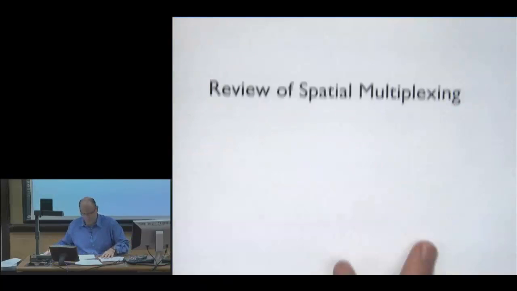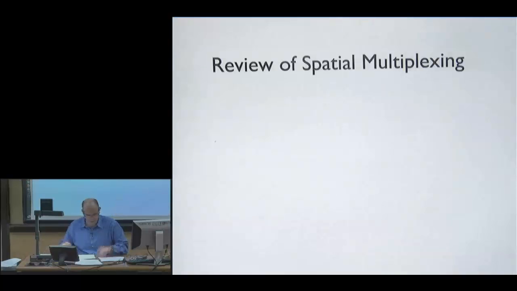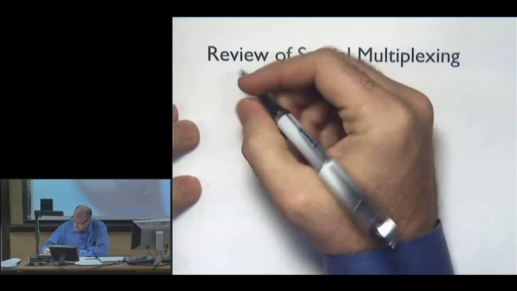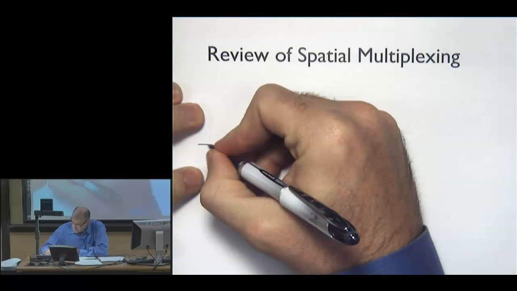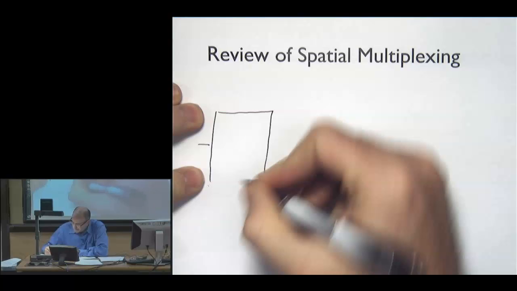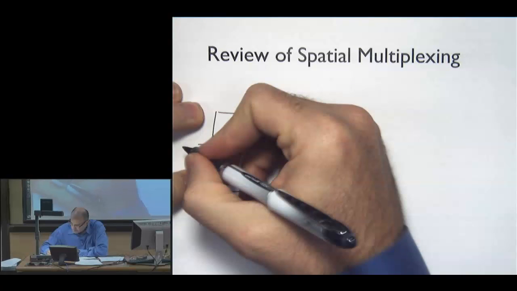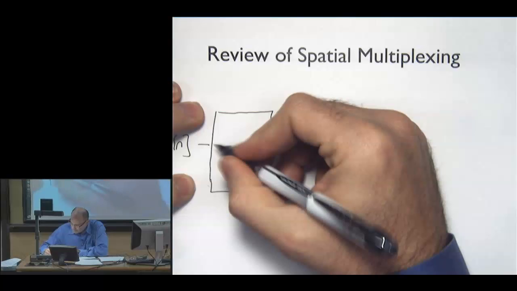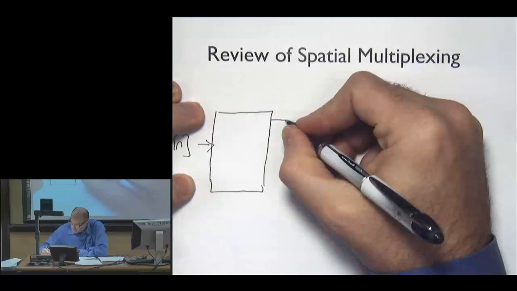So first, just a quick review of what is spatial multiplexing here. Remember that the basic idea was we were going to introduce this new block in the system that takes symbols on the input here and splits them up across different transmit antennas.